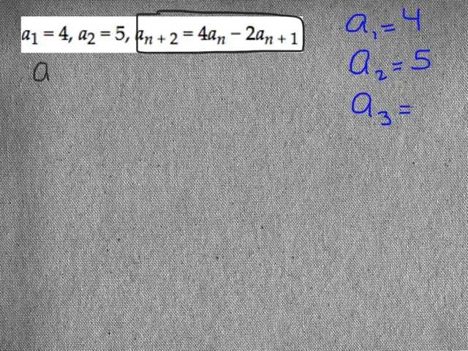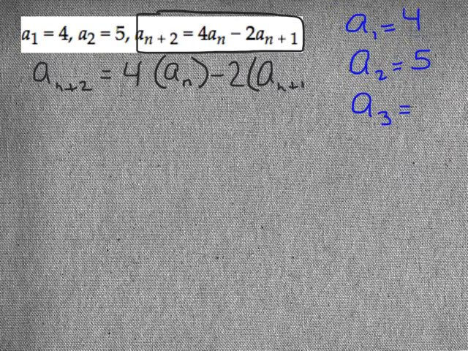and we have a sub n plus 2 equals 4 times a sub n minus 2 times a sub n plus 1. So let's take a look at substituting a sub 1 in there, because we're looking for a third one.